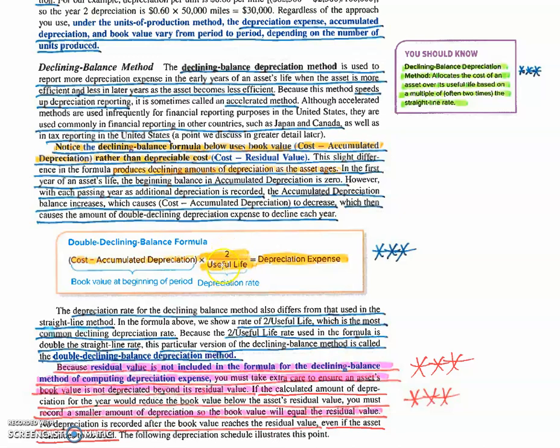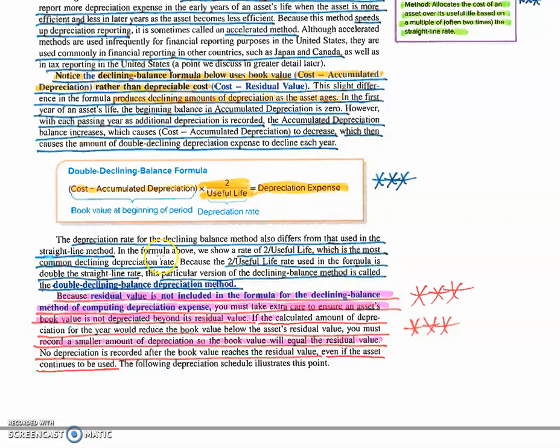Well, 2 over 5 would be 40%, double that. And that gives us our depreciation expense for the year. In the first year of the asset's life, accumulated depreciation is 0, so we're just taking cost, not depreciable cost, just cost, times double the straight line rate.